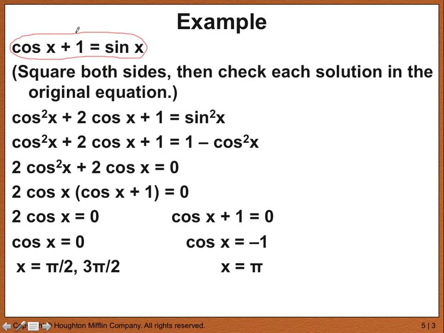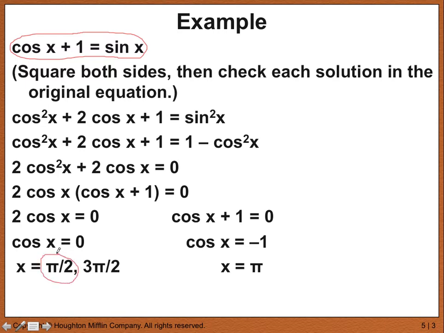You can see that on your unit circle. The cosine of pi over 2 is 0, and 0 plus 1 is 1. The sine of pi over 2 is 1, and therefore 1 equals 1. And so pi over 2 is a solution.